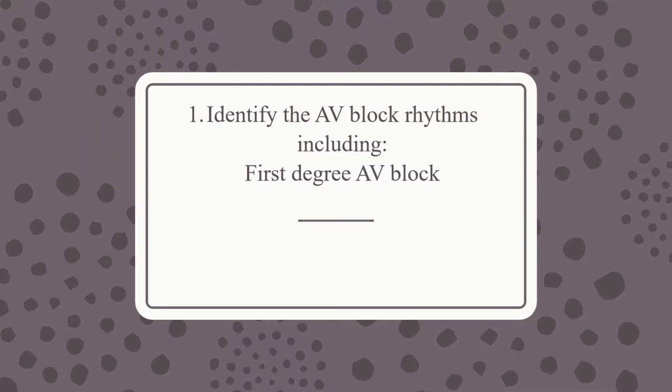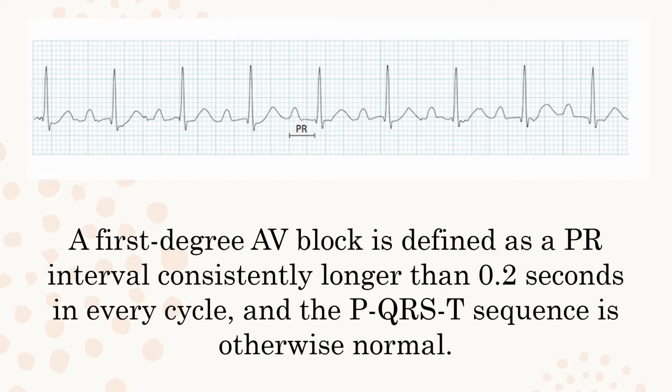So the first rhythm we're going to talk about, it's actually not a rhythm, it's something that happens within a sinus rhythm, is first degree AV block. So a first degree AV block is defined as a PR interval consistently longer than 0.2 seconds. That is 5 small boxes or 1 large box in every cycle, and the PQRS-T sequence is otherwise normal.